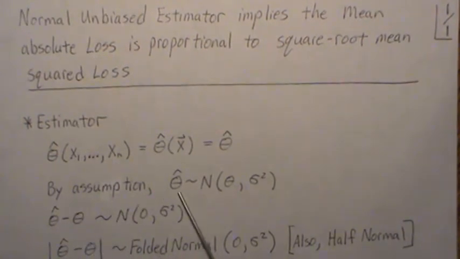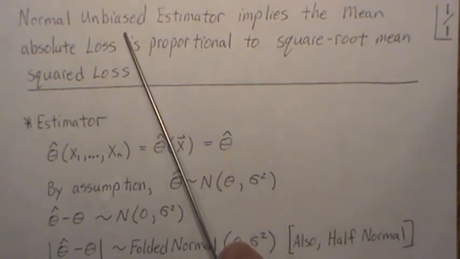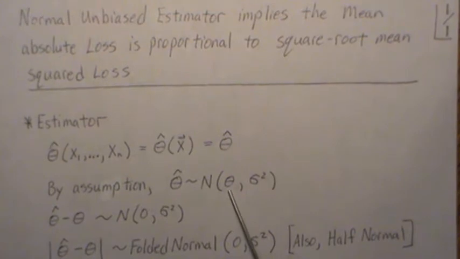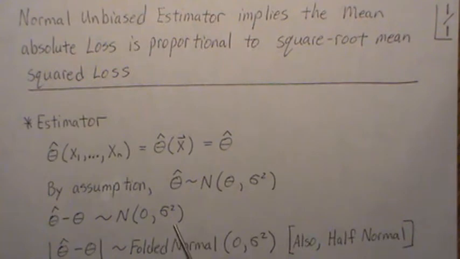By assumption, Thetahat is normally distributed with mean theta and variance sigma squared. How do we know that the mean is theta? Well, by assumption we're assuming that this is an unbiased estimate, so on average it equals theta. And that's what this means. Now if we subtract theta from our estimator, then it's normally distributed with mean 0 and variance sigma squared.